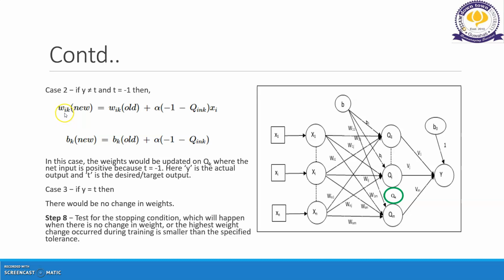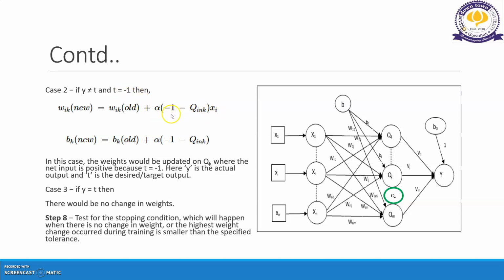Therefore, the weight and bias updation will happen only in this Qk Adaline unit. So similarly, the weight and bias updation equation is like this, where new weight will be old weight plus alpha, the learning rate, into the error into input.